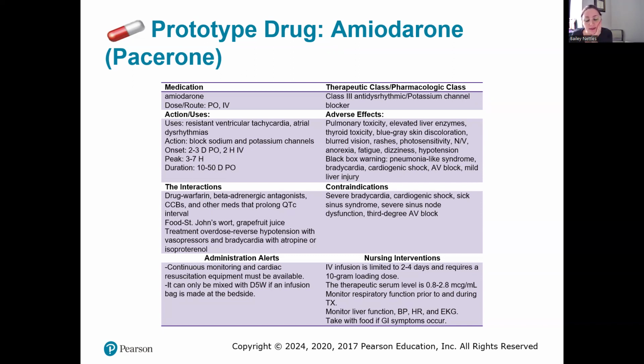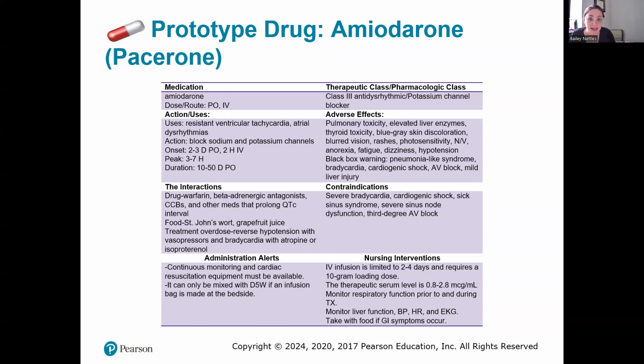So once again, continuous monitoring must be available. Resuscitation equipment has to be there. Amiodarone is one of the drugs I keep in a code cart, and they just have a vial, and they have bags of saline, and you've got to figure out which one to mix it with to hang. We call them dirty bags because the nurses made them and they don't like that.